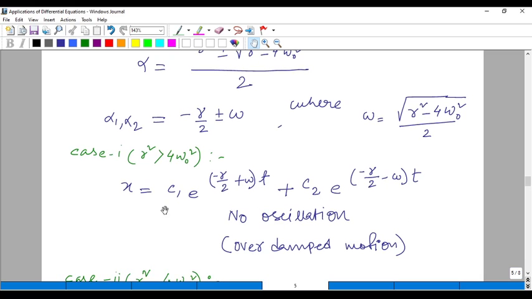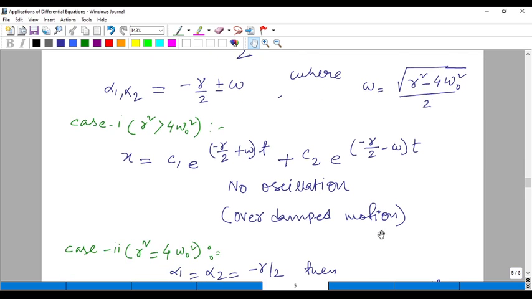You can easily understand that there is no oscillation at all, and this situation is said to be over damped motion. So it will not oscillate. The mass will not oscillate with respect to that position. The motion will decay very fast as the damping, that means the resistance, is very high.